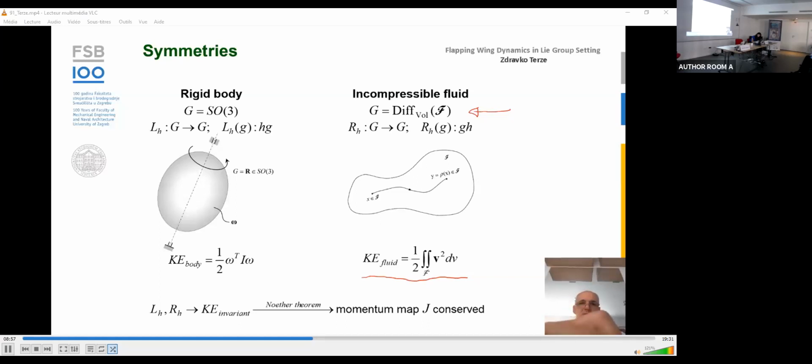In the context of rigid body, we have a left invariant velocity field. If we focus on the rotational part of rigid body motion, kinetic energy of body will not be changed if we act with SO3 Lie group from the left. According to Noether theorem, if Hamiltonian of the system is invariant on Lie group action, pertinent momentum map is conserved.